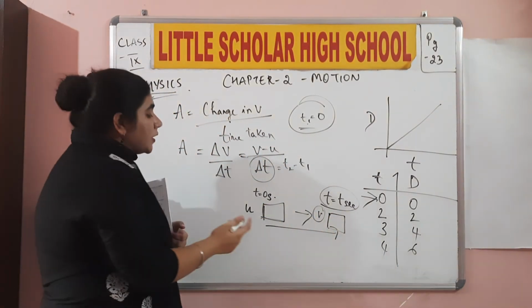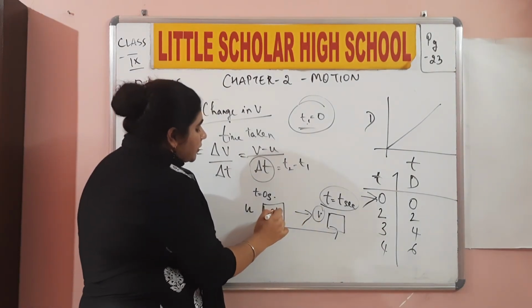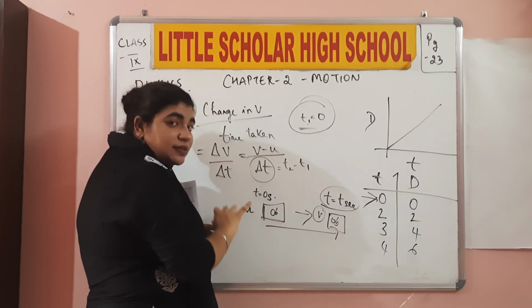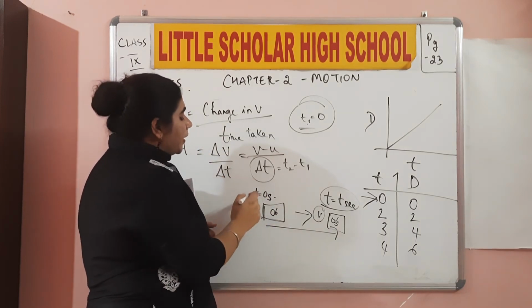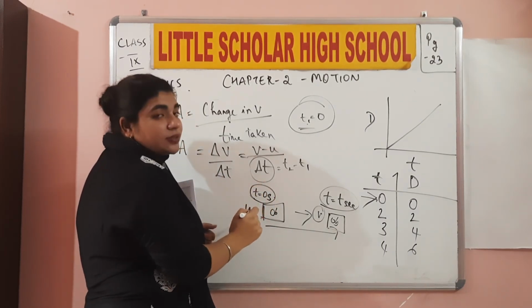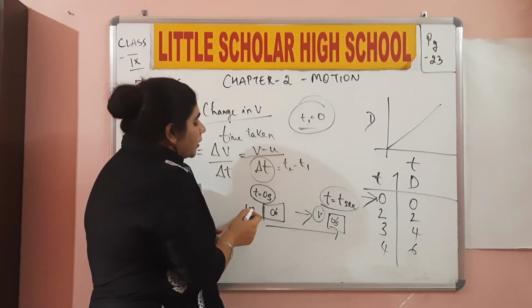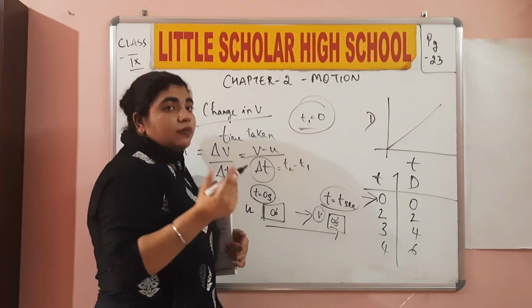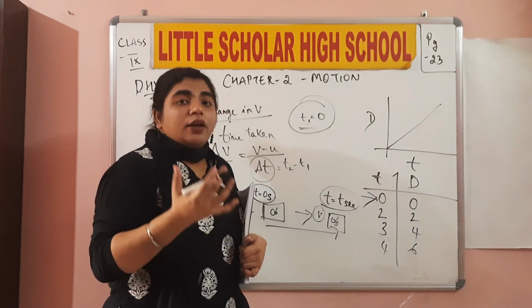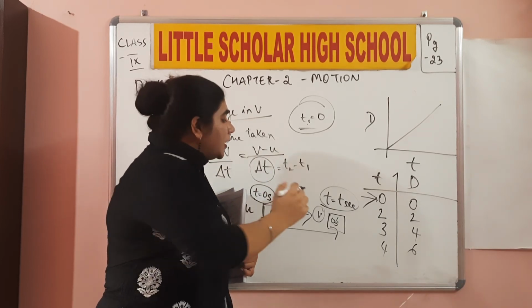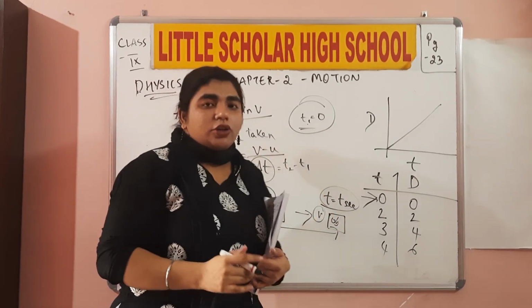Let me repeat this. This is the object and it is moving with an initial velocity u at the starting point, and at the starting point the time is considered as 0 seconds. That is the t1 part. Do you understand? And once the body has started moving, the velocity becomes v, which is nothing but the final velocity, and at time t seconds it has reached a particular place.